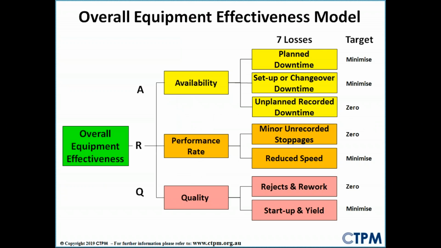To start with, the overall equipment effectiveness model. The model we found most effective is the 7 loss model. Some of you may be familiar with the 6 big losses of OEE, originally published by the Japanese in the first TPM textbooks. But later, people realized that those books were designed for companies running one-shift operations 5 days a week.